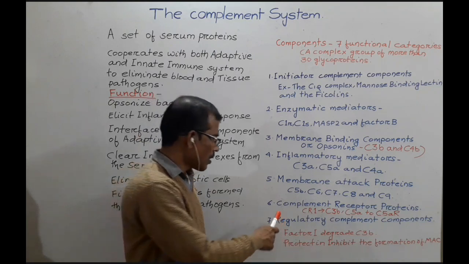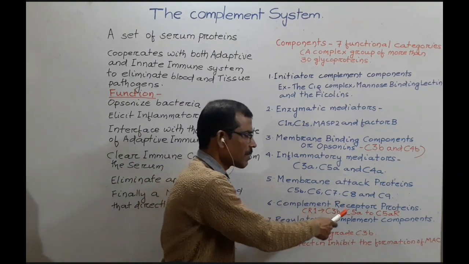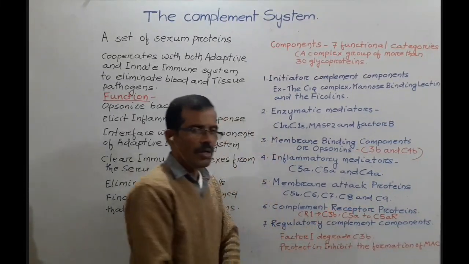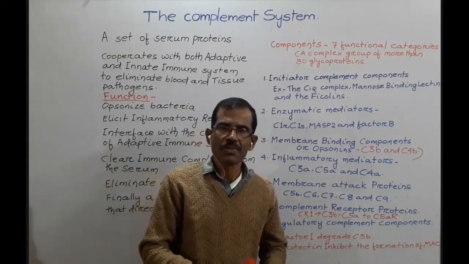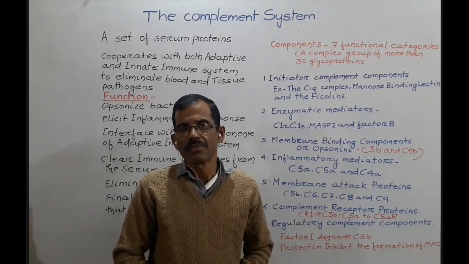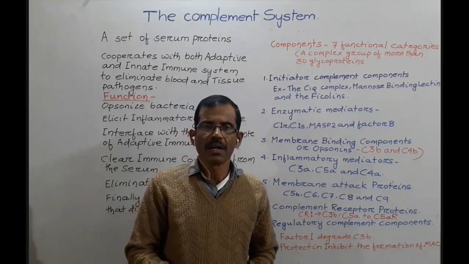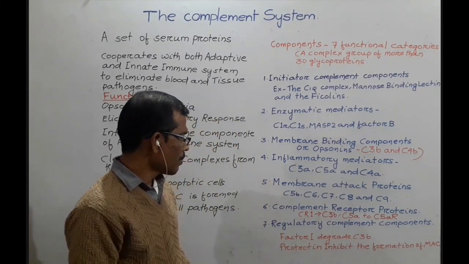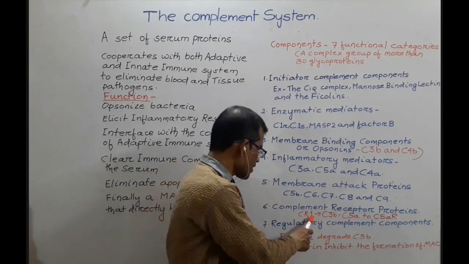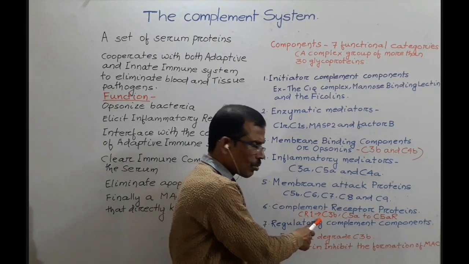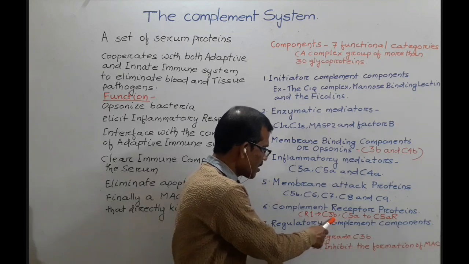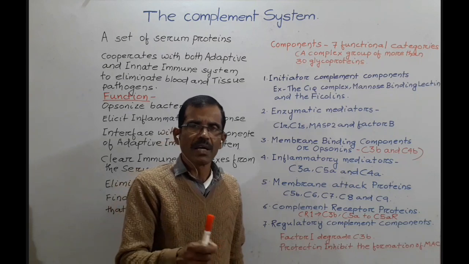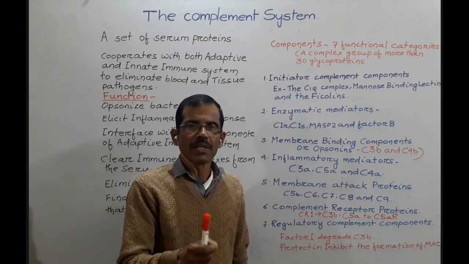The sixth category includes various complement receptor proteins. These proteins are the receptor molecules present on the surface of cells where they bind various complement proteins and signal specific cell function. For example, the complement receptor protein known as CR1 binds to the complement component C3b which is present on the surface of pathogens, thereby triggering their phagocytosis.